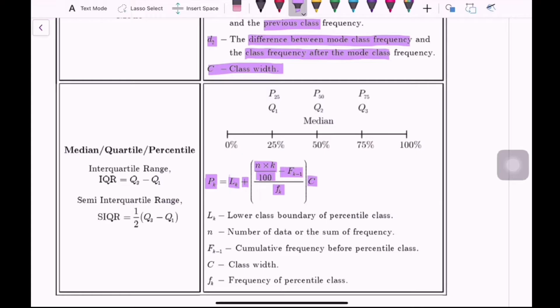The formula is LK plus, in brackets, n times k over 100 minus Fk minus 1, over fk, times c, where LK is the lower boundary of the percentile class, n is the number of data, Fk minus 1 is the cumulative frequency before the percentile class, c is the class width, and fk is the frequency of the percentile class.